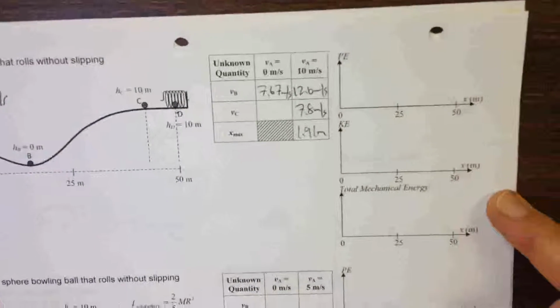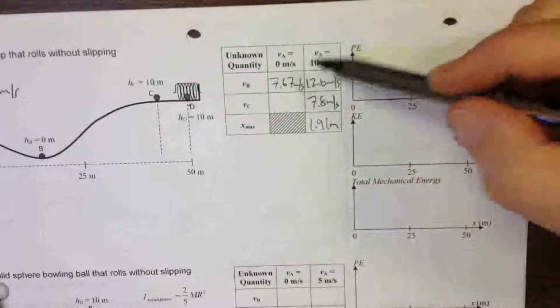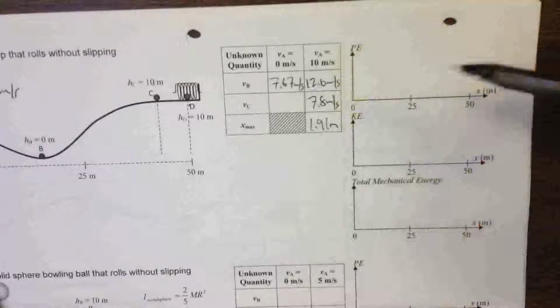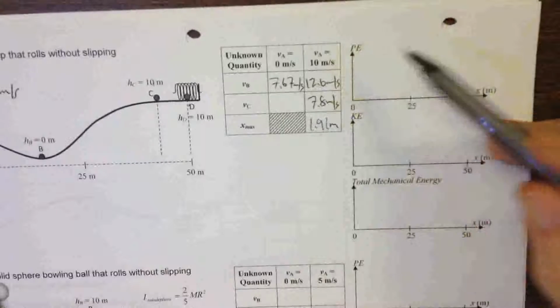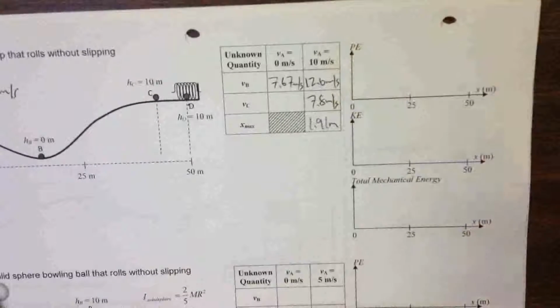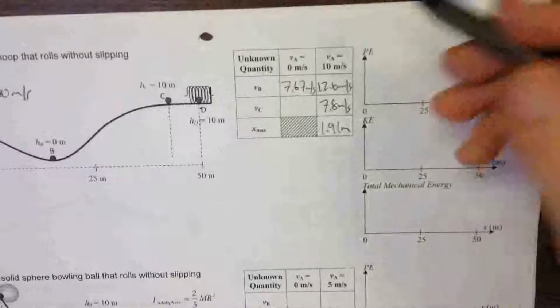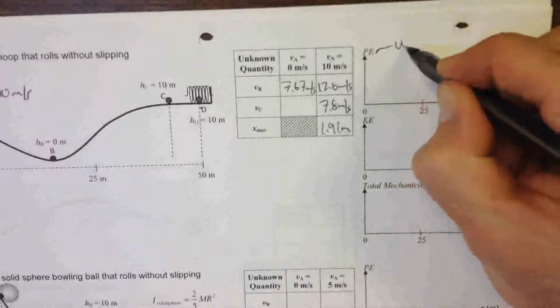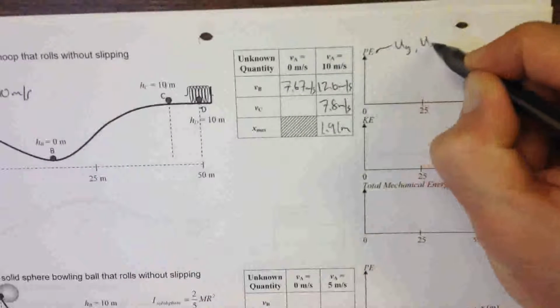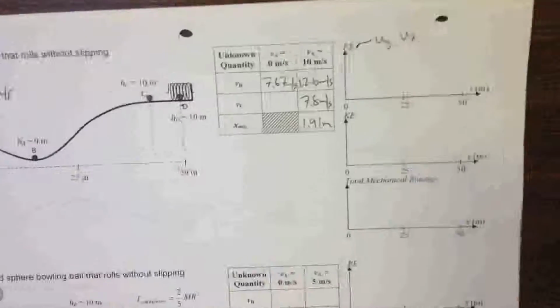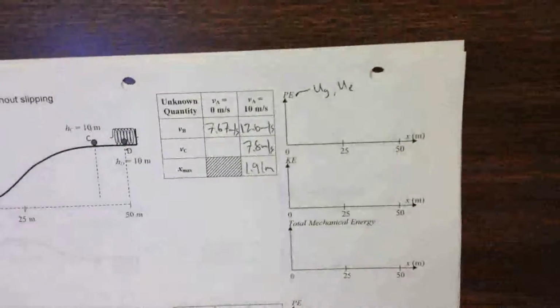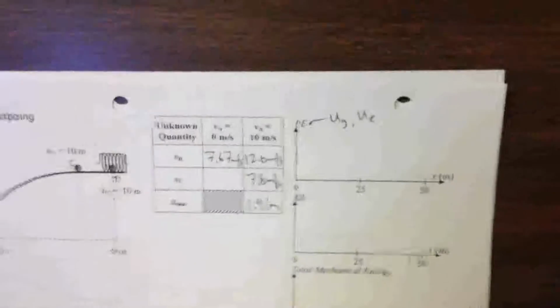Now for the rest of this, the graphing, we're focusing on this. What's going to be happening to potential energy? What will it look like? Well, potential energy, keep in mind, there's gravitational and elastic. Zoom in here a little bit.